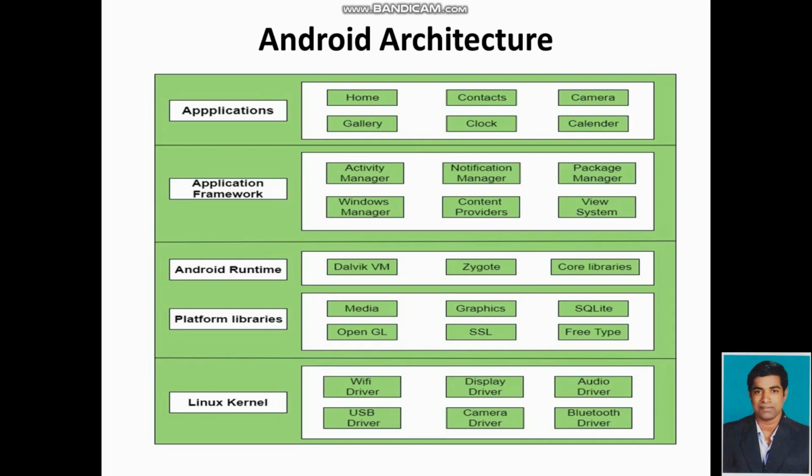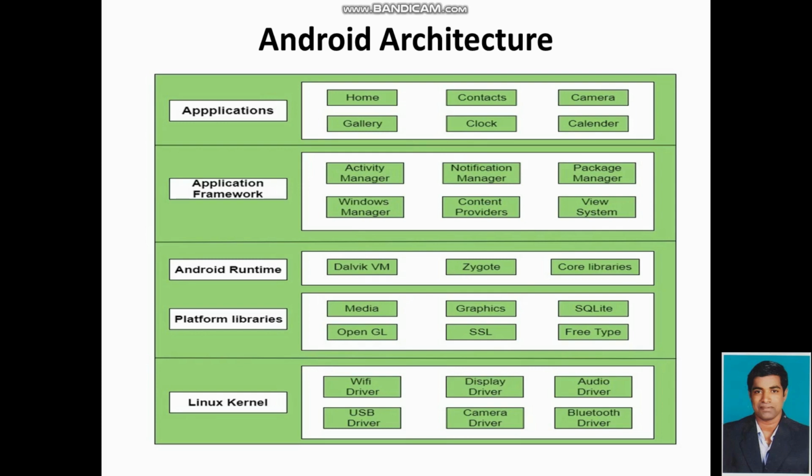Applications consist of gallery, contacts, camera, clock, calendar, home, and different applications. In the application framework, there are activity manager, notification manager, package manager, Windows manager, content providers, view system, and so on.